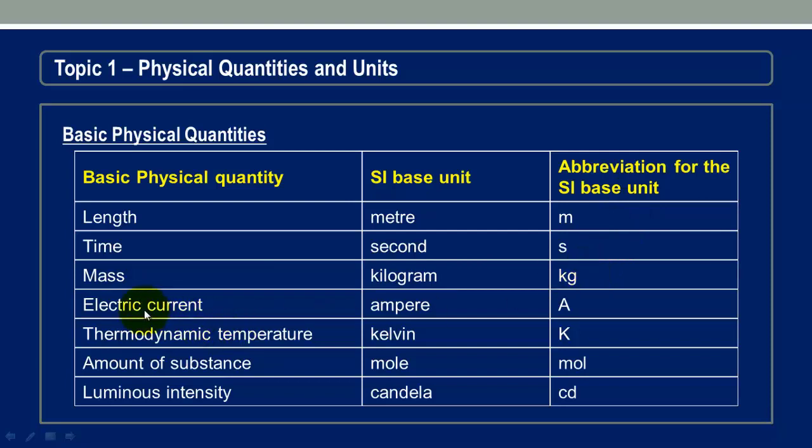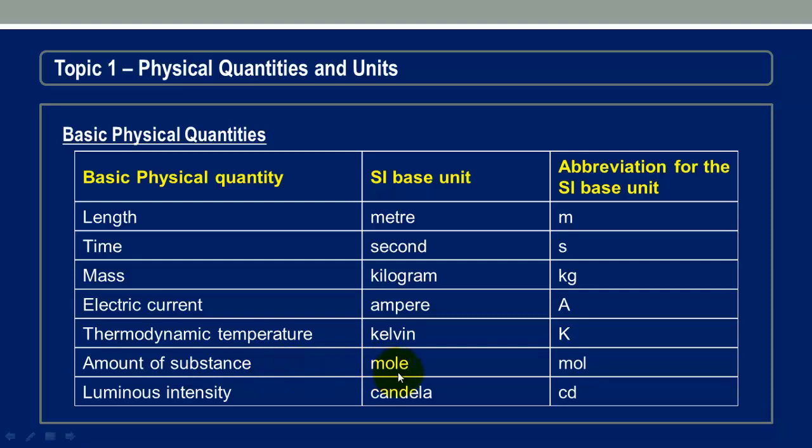Electric current is the fourth basic physical quantity. It has an SI base unit referred to as ampere, and the abbreviation for ampere is uppercase A. The fifth is thermodynamic temperature, measured in Kelvin, and the abbreviation for Kelvin is uppercase K. Amount of substance is the sixth basic physical quantity.